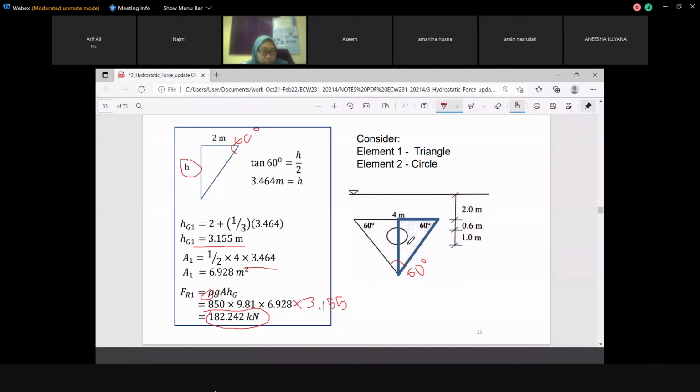Sekejap, 850 kali 9.81 kali 6.928 kali 3.155. 182261 kan? You betulkan lah.